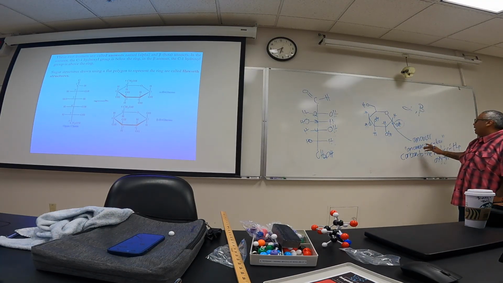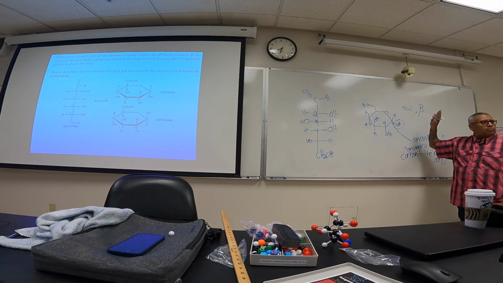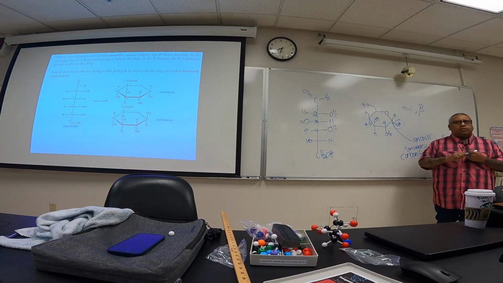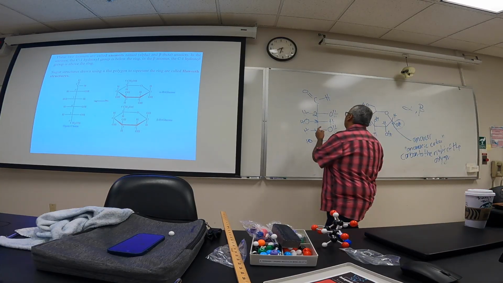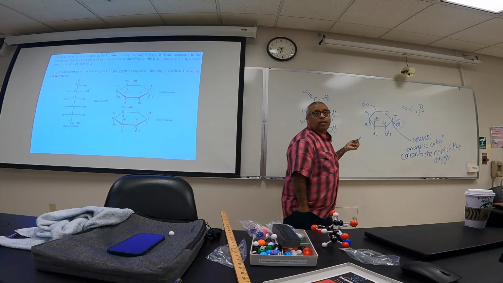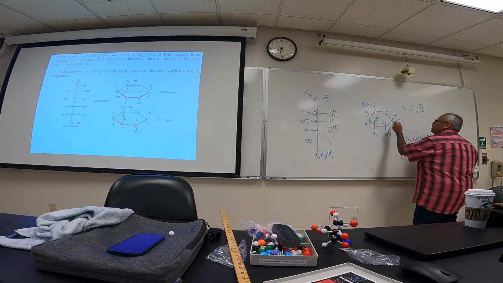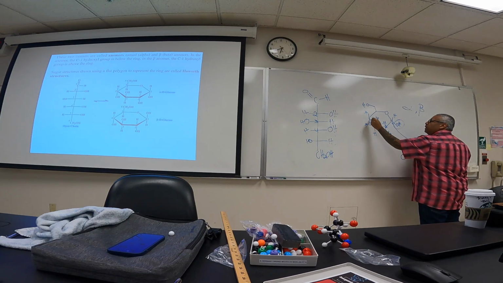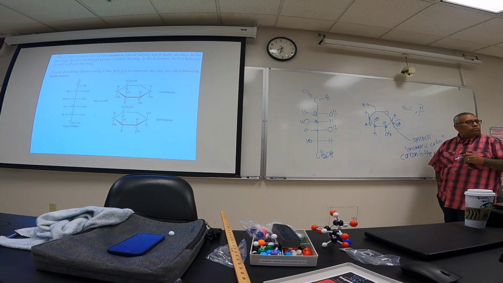So we can identify D and L, alpha, beta, in these structures. Now, as far as glucose is concerned, carbons 2, 3, 4. And again, in a Haworth structure, that's also what we're looking at here. Here's carbon number 1, carbon number 2, carbon number 3, and carbon number 4.